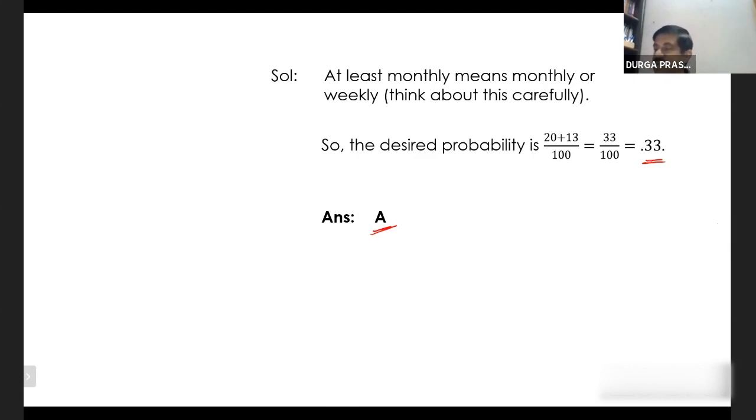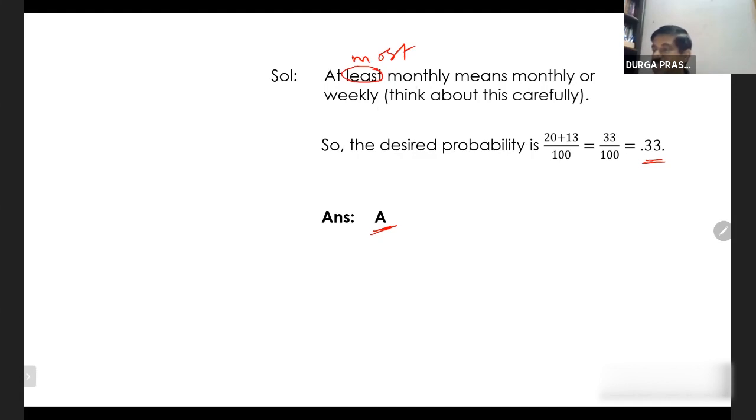If it is at least monthly, it should be at most monthly. It should be at most, then only it comes as month or week.